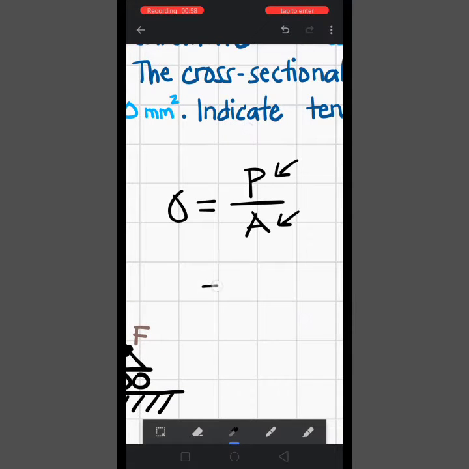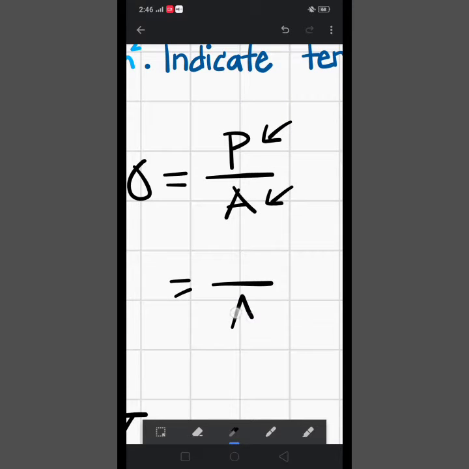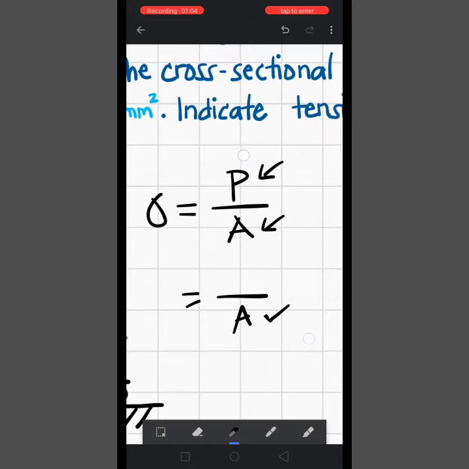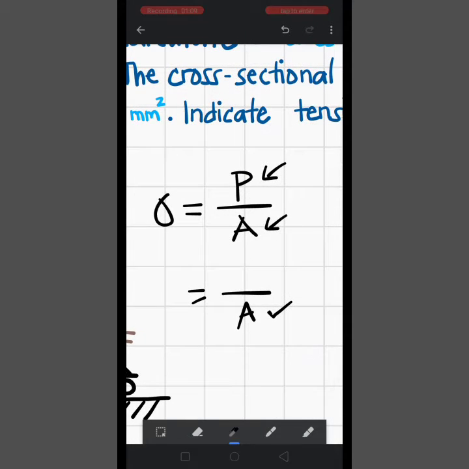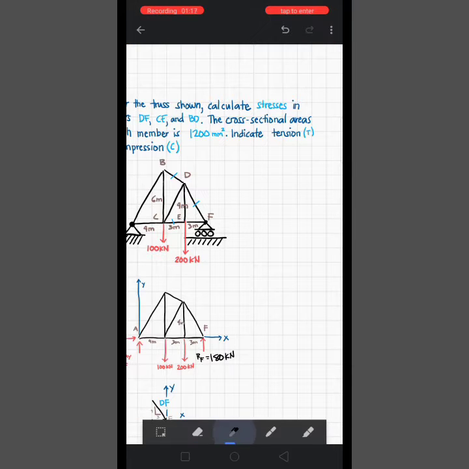Since we're already given the cross-sectional area of each of the members, the only job we're going to do in this problem is to find the force on those members.